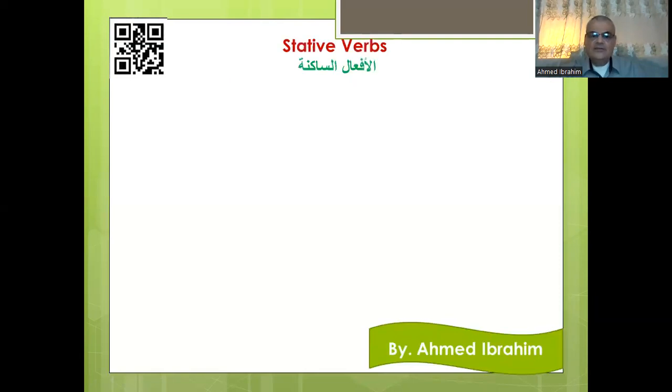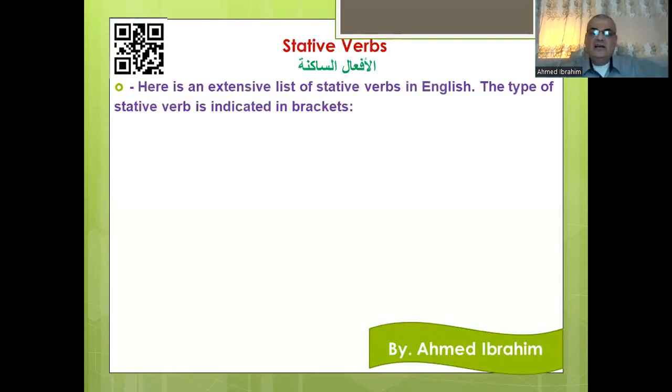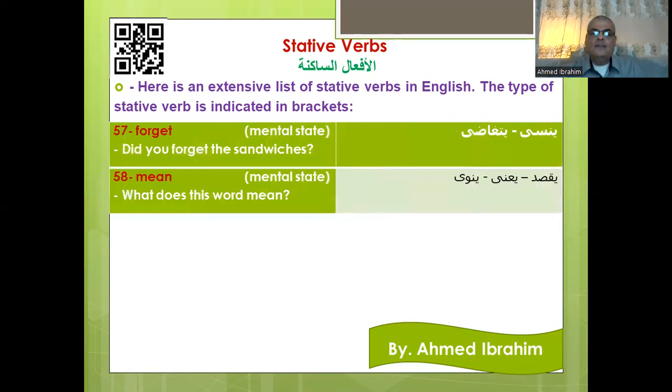Stative verbs. Here is an extensive list of stative verbs in English. The type of stative verb is indicated in brackets. Forget. Mental state.